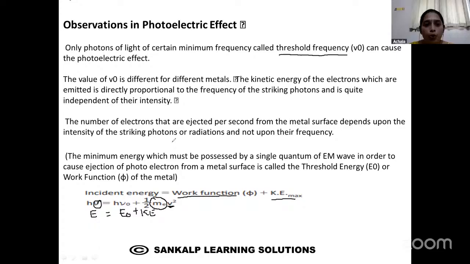Based on how bright the light falling is, the number of ejected electrons will be more or less. It is very important. You should remember that the number of ejected electrons depends on the intensity of photons, whereas the kinetic energy depends on frequency. These two are important.